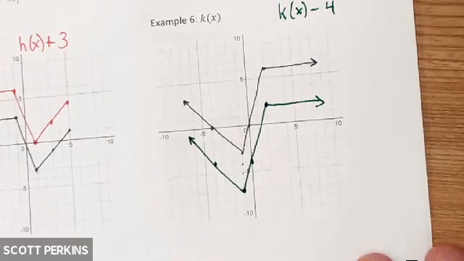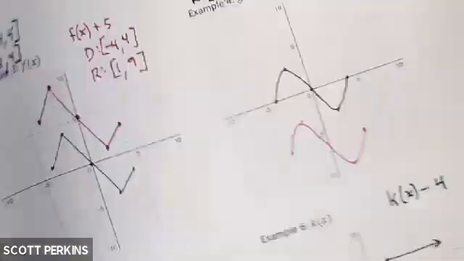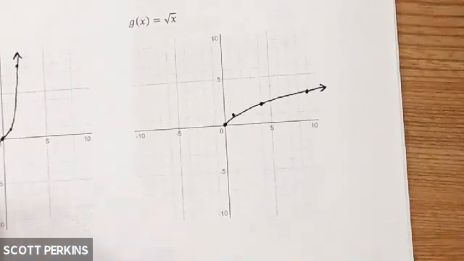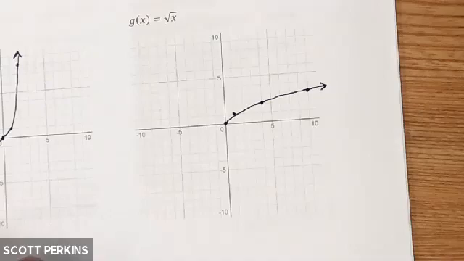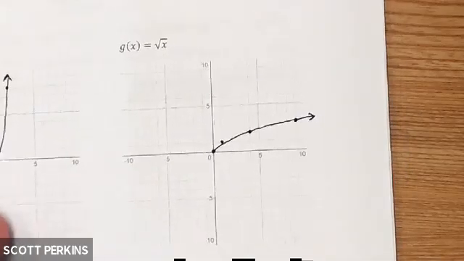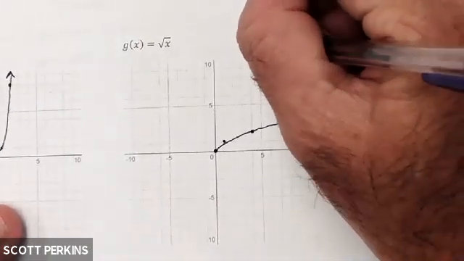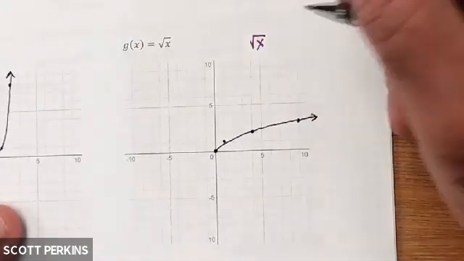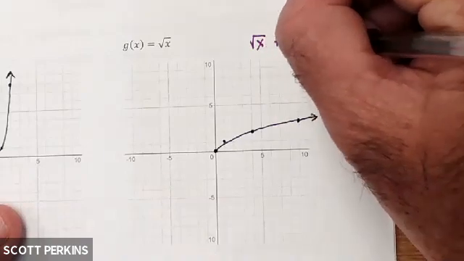And that takes us to our last example. If you flip back to page 1, our basic graph, the square root. So I would like you to take our square root function, and I'd like you to do the square root of x, and let's do +6.